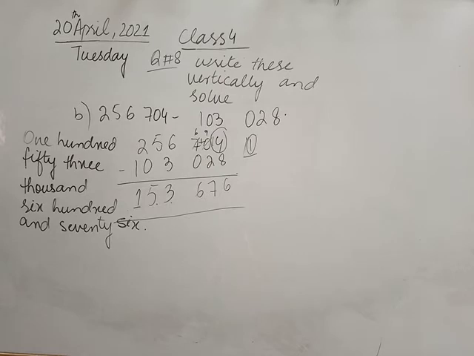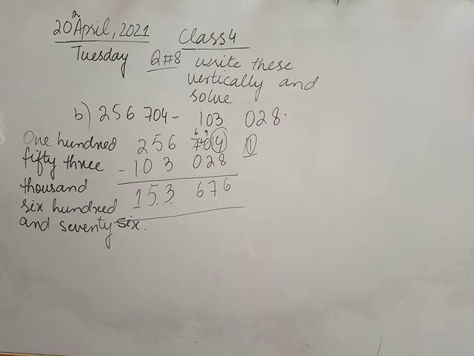What total did we get? 153 space 676. So as you know, class, from the right side we have the first unit, which is ones. So what digits do we have in ones? 676. So we can read 676 as 676.